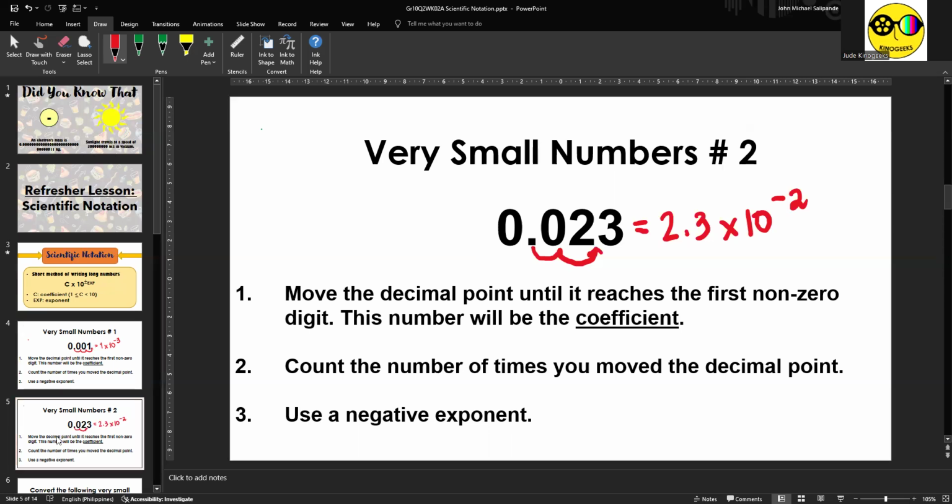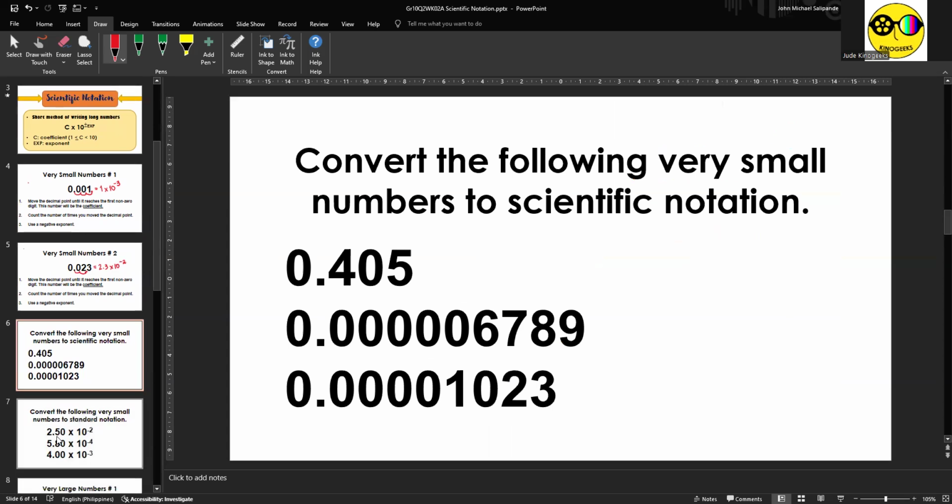All right. So let's have more exercises, no? The reason why I'm using long examples is para mas madali kayo if you're dealing with shorter numbers na.